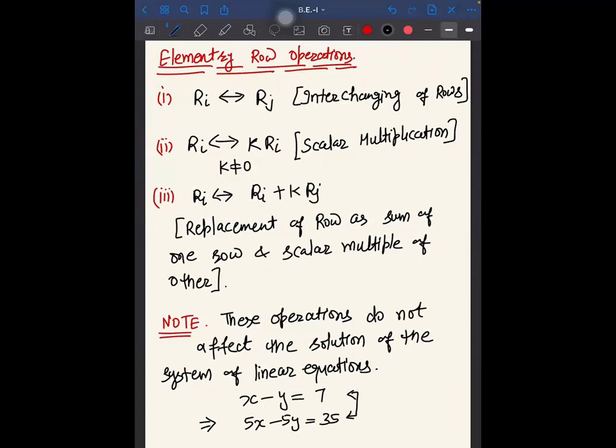So that means this kind of transformation will not influence the solution. The solutions will still remain the same, right? Yes, sir, because geometrically there's no difference. Okay. So all three of these operations have no impact on the solution. The beauty of these operations is you can use them to find the solution without hampering the solution.